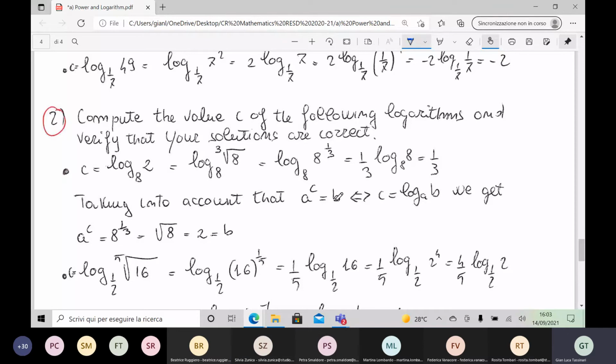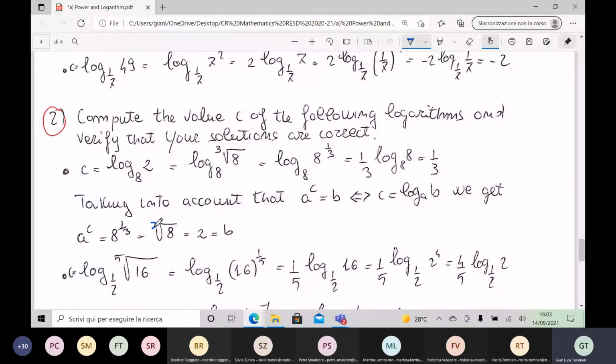So A raised to the power C, A is 8, you see? C is the number we got, to the power 1 over 3, which is the cubic root of 8, which is equal to 2, which is exactly B. Sorry guys, please, cubic. I did it correctly, but I forgot the cubic.